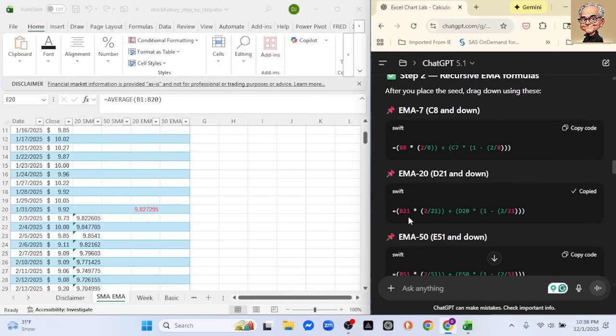The formula is not really very complicated. You perform the function inside the parentheses first. So it's B21 times 2 divided by, and this has to be changed to a different number, I believe.